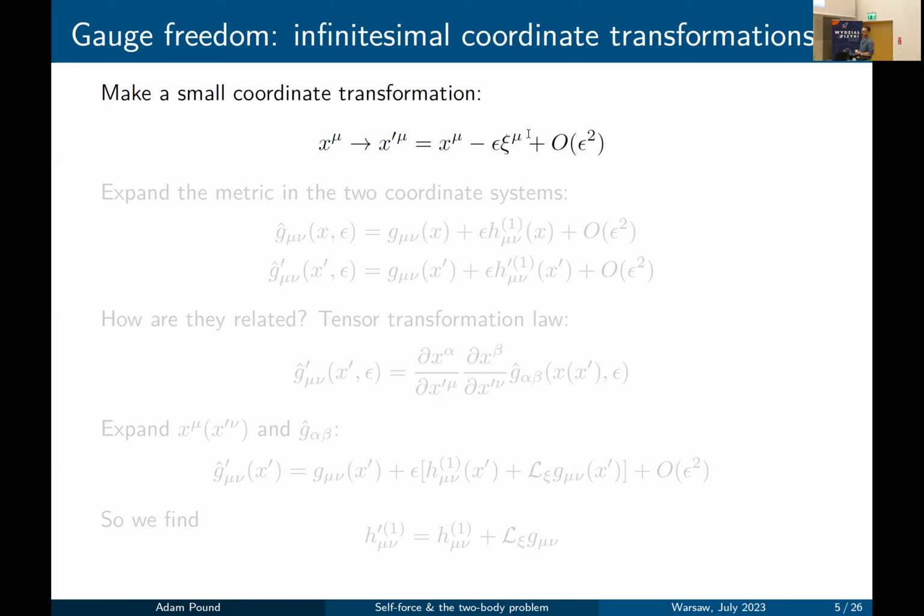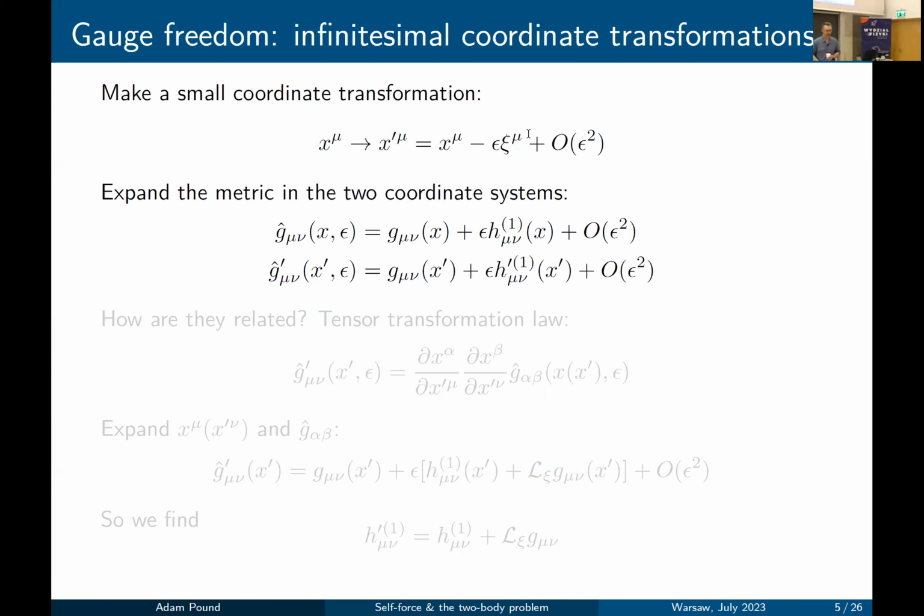Now, we expand the metric in these two different coordinate systems. So this is the same physical metric, but just in different coordinates. So we have g hat with no prime in terms of the coordinate x, and we have g hat prime in terms of the coordinates x prime. So in both cases, we're just expanding in powers of epsilon at fixed coordinate values.